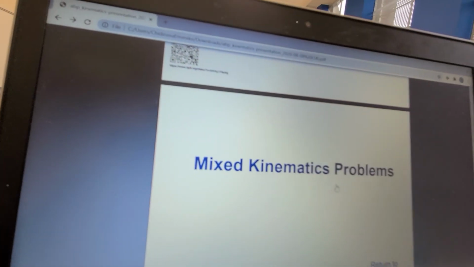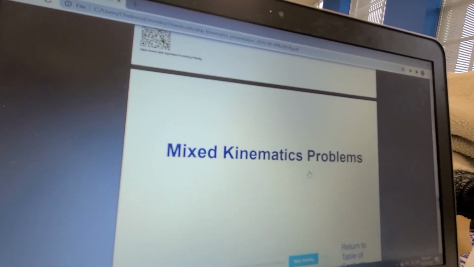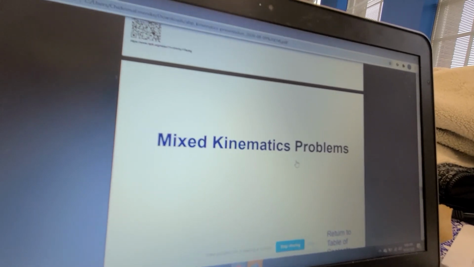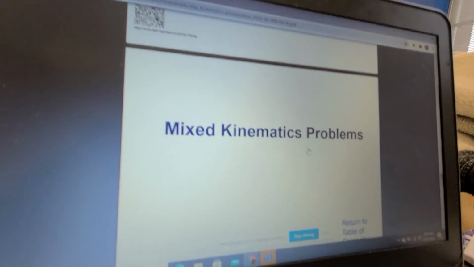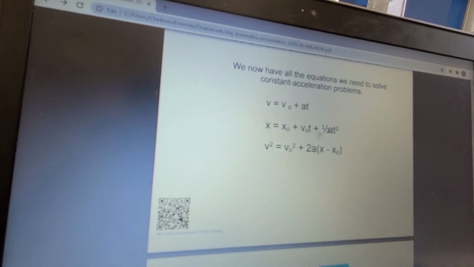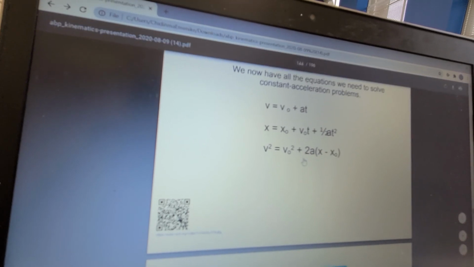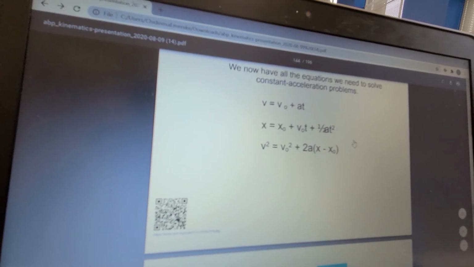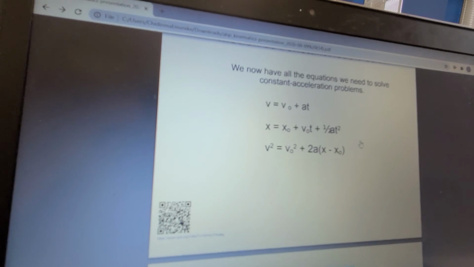What this means is you're going to get a problem, but you're not going to know exactly what equation to use. Based on the facts and the variables given to you in the problem, you can identify which one of these equations works to solve that problem. That's why this is important to take notes on.